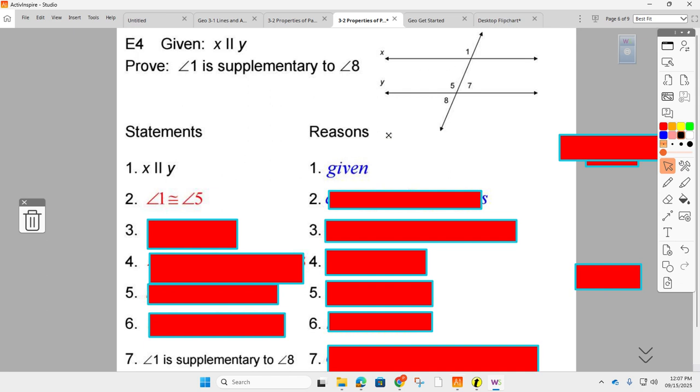So we know that angle 1 and angle 5, one inside, one outside, what kind of angles are those? Corresponding. So we know they're congruent, and that's why they're congruent, because they're corresponding angles.